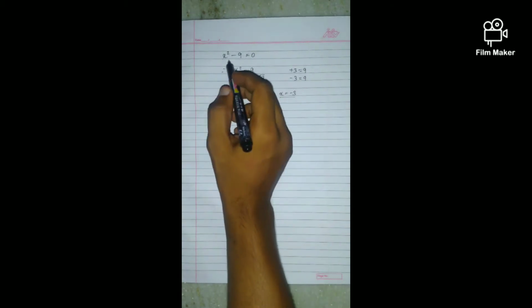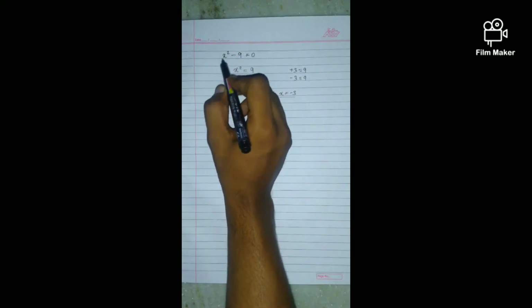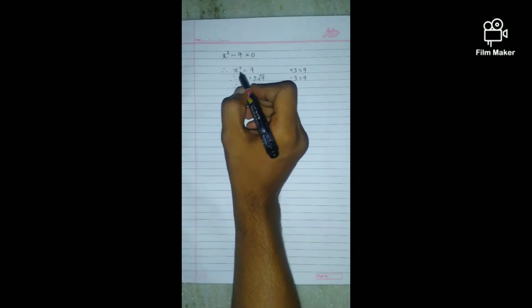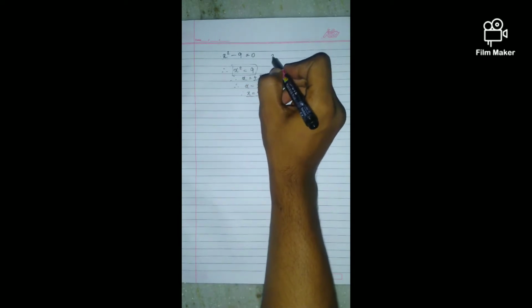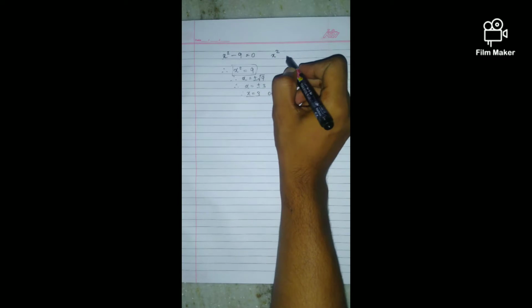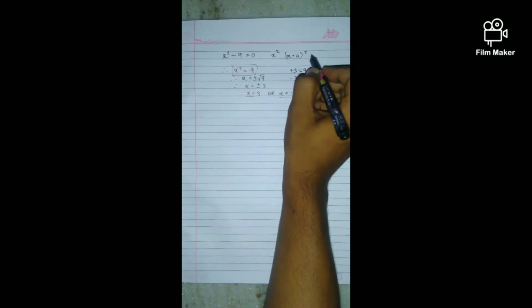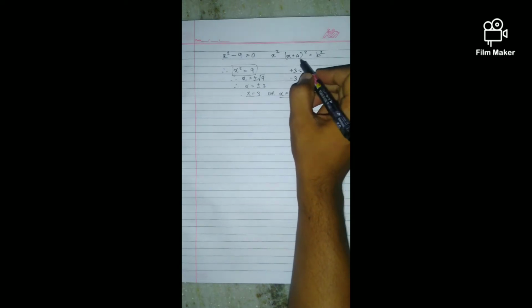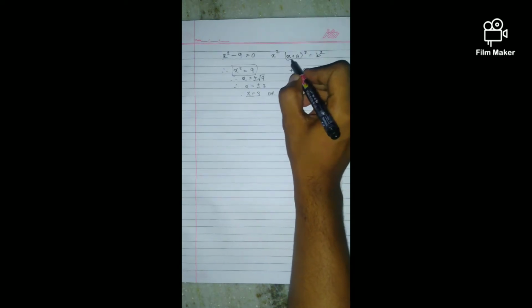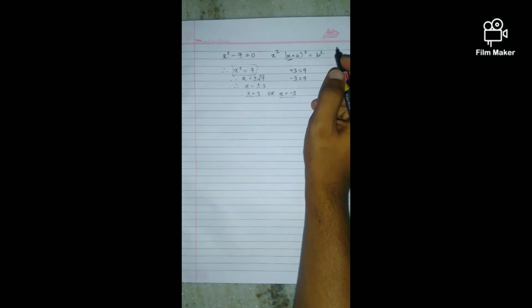Given any equation, if we convert that equation into this format, something square related to x square, or x plus a the whole square is equal to something b square, for example, then we can take square roots and solve for x, and we'll get the values for x.